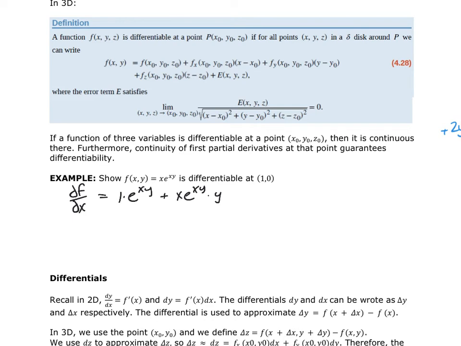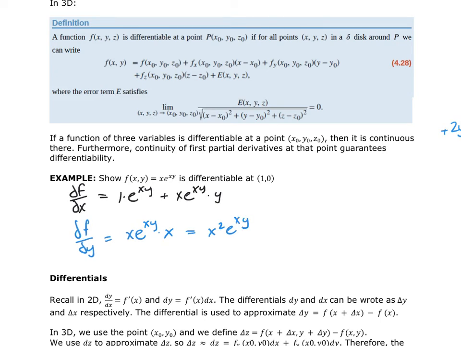Now I'm going to do the same thing with my partial derivative with respect to y. Here x is just a constant, so this is going to be x e to the xy multiplied by x. So I end up with x squared e to the xy.